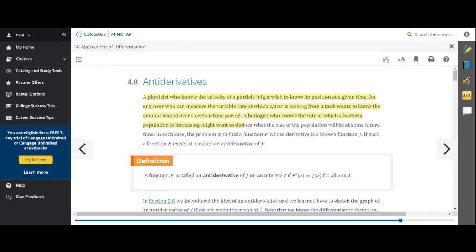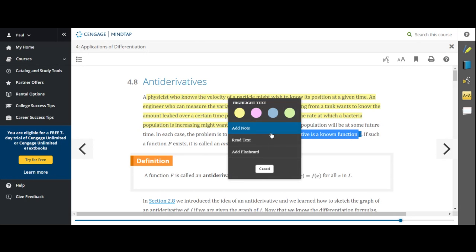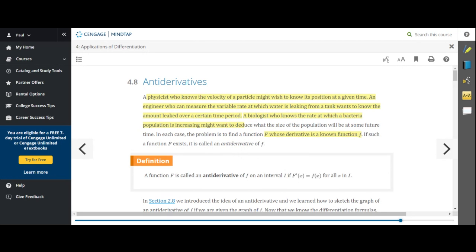So that's a very good example, the biology example. The biologist knows the rate at which the bacteria population is increasing, then the biologist would want to know the size of the population at some future time. Well, in each case, the problem is to find a function capital F whose derivative is a known function little f.